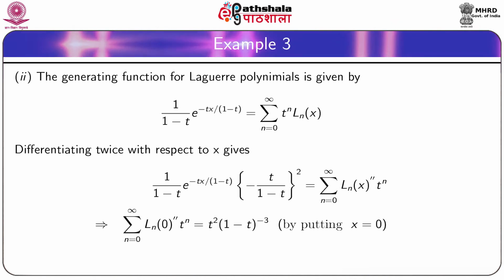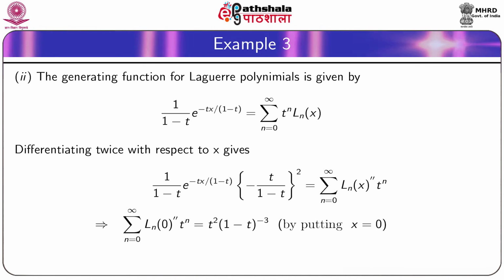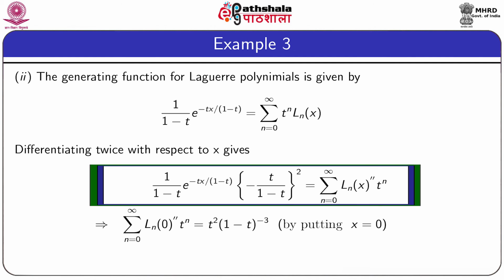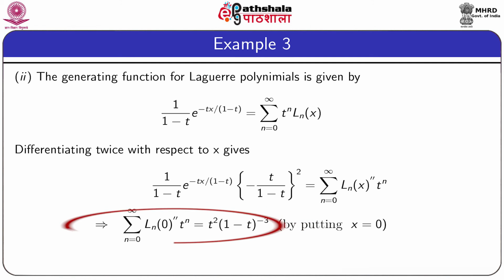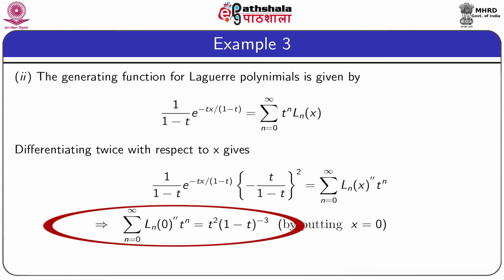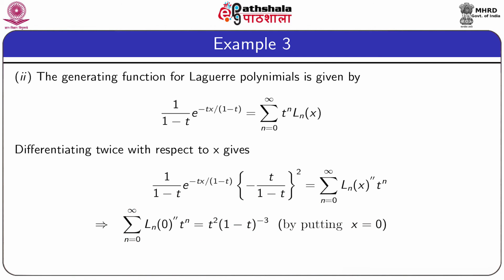We differentiate this expression twice with respect to x, and we get 1 by 1 minus t e to the power minus tx divided by 1 minus t multiplied by minus t by 1 minus t whole square is equal to summation n equal to 0 to infinity Ln double dash x into t to the power n. We put x equal to 0 to get summation n equal to 0 to infinity Ln double dash 0 t to the power n equal to t square into 1 minus t to the power minus 3.